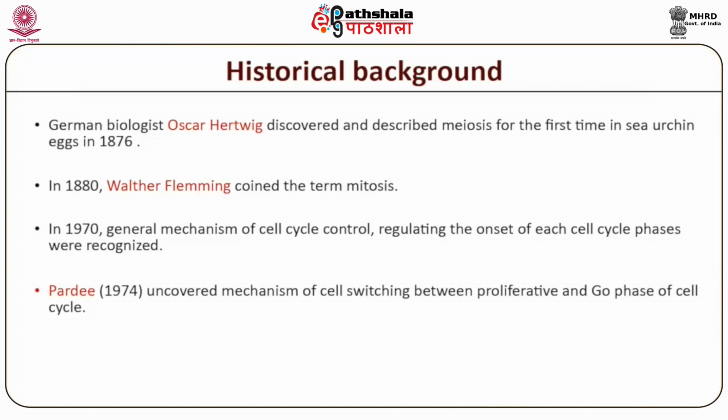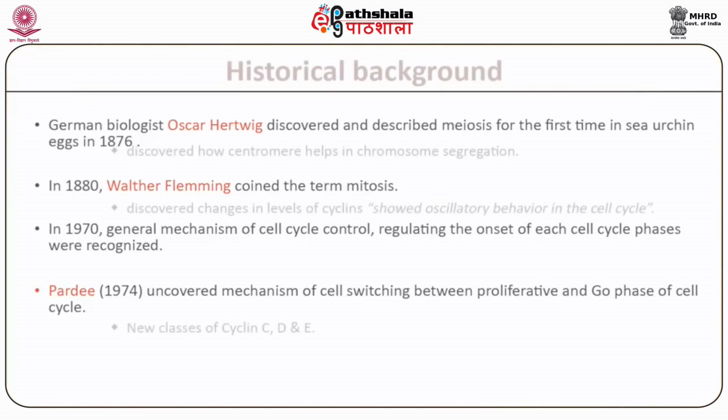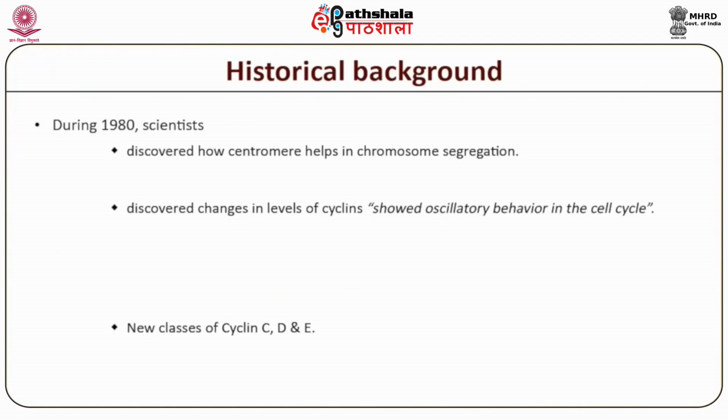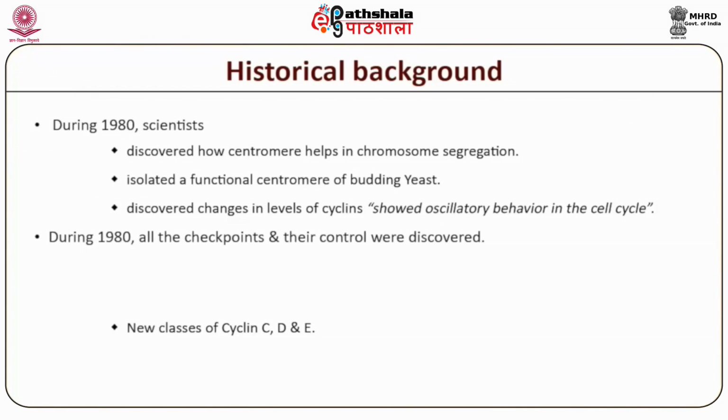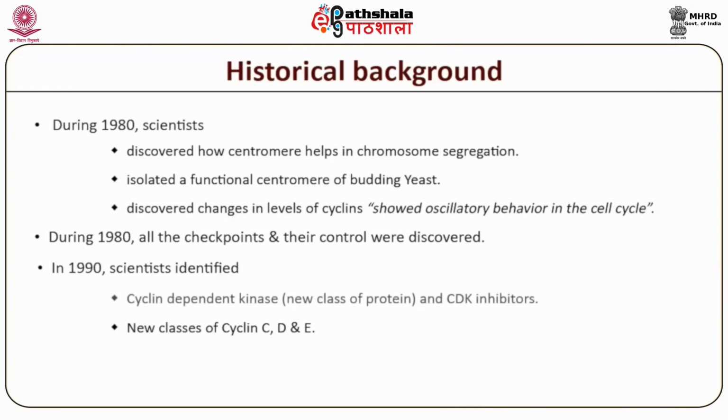In 1974, the mechanism of cell cycle switching between proliferative and G0 phase of cell cycle was discovered. Later on in 1980, various new discoveries came into light, like discovery of centromeres from budding yeast, all checkpoints and their controlling mechanism, etc. In 1990, scientists identified cyclin-dependent kinase, that is a new class of protein, and CDK inhibitors.